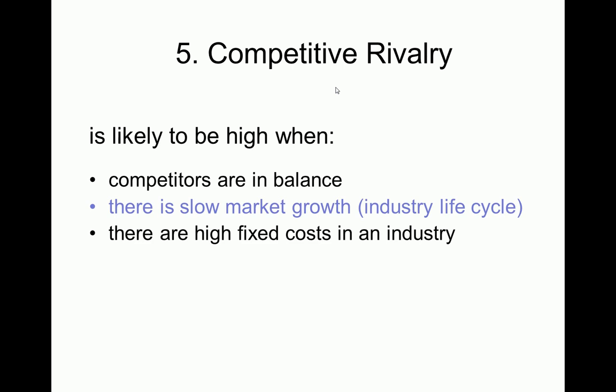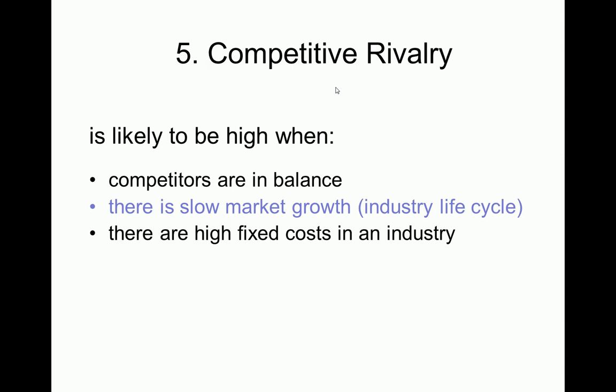If there are high fixed costs, so you've got high capital costs to invest, you've got lots of assets, and you need high volume in order to make a profit, then quite often, particularly in a downward economic cycle where demand might start to fall, competition starts to rise because all the companies are concentrating on at least breaking even.